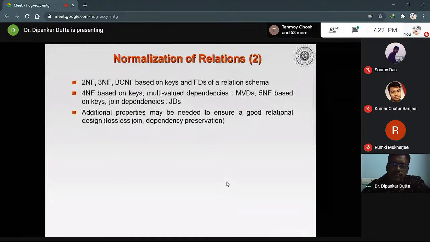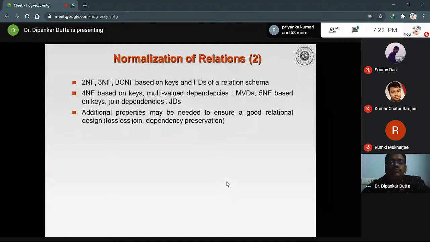So in order to design a relational schema, we have to take care of lossless join and dependency preservation. These are our requirement.